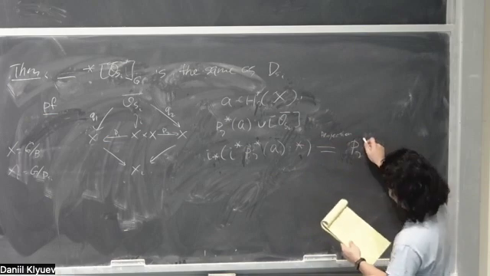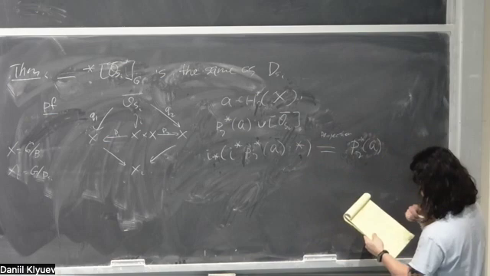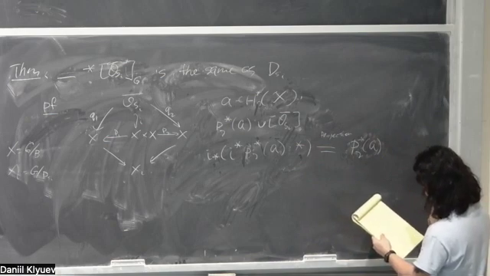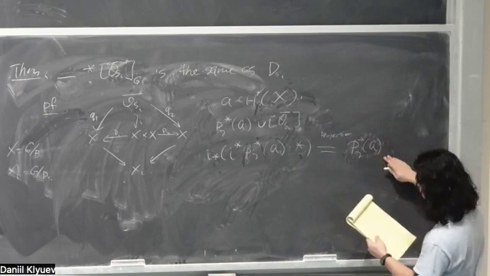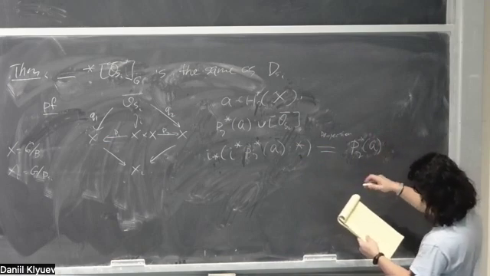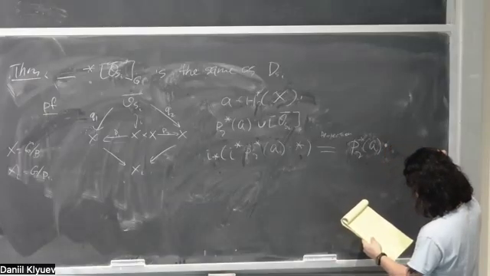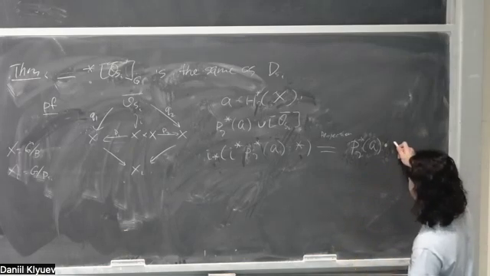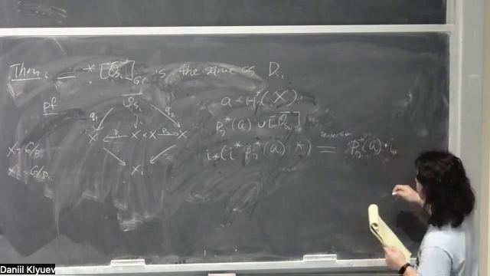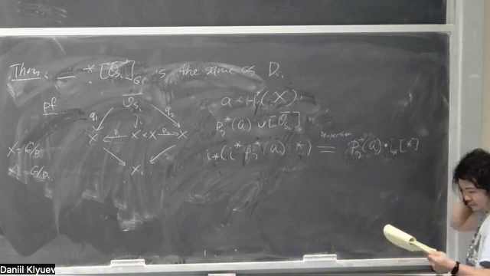By projection formula, this is this, right? Into intersect or not intersect. Should be dot or this with just push forward of this class.